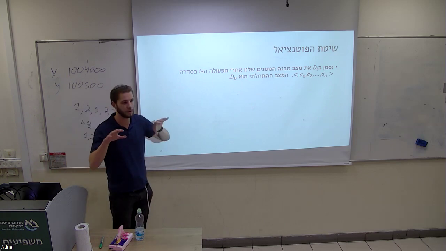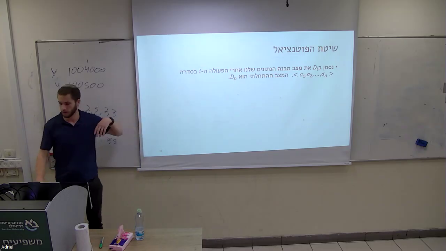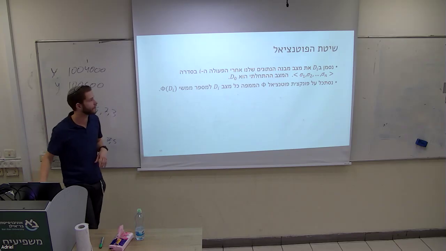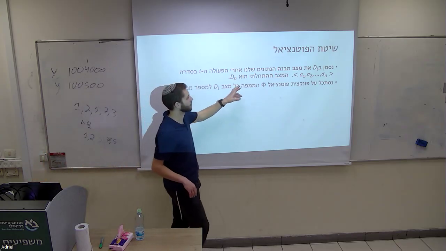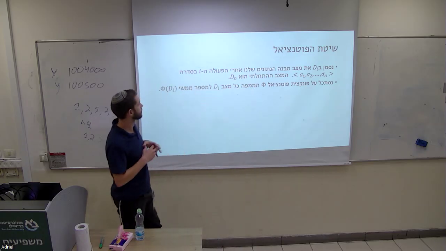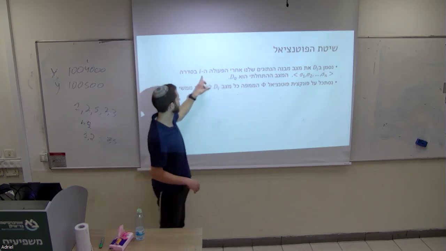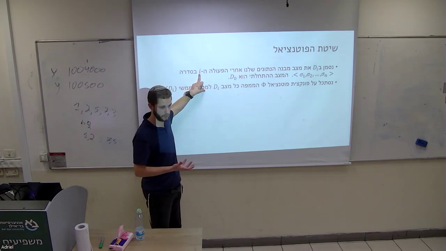Let's do the mathematical notation and definitions of the potential method. Okay, first denote by D_i the situation of our data structure after the ith operation.